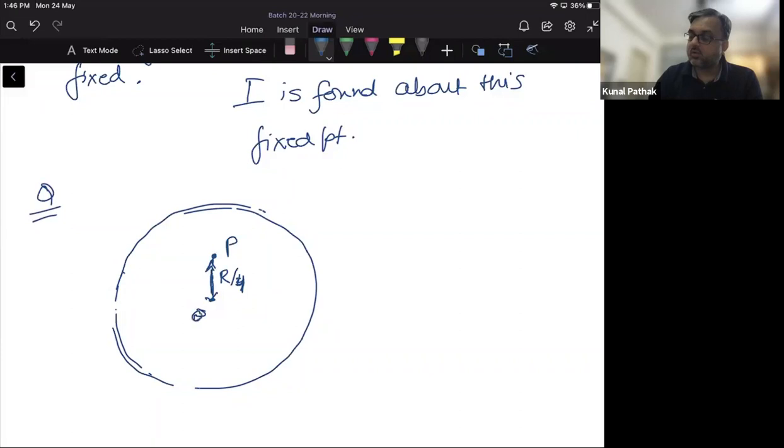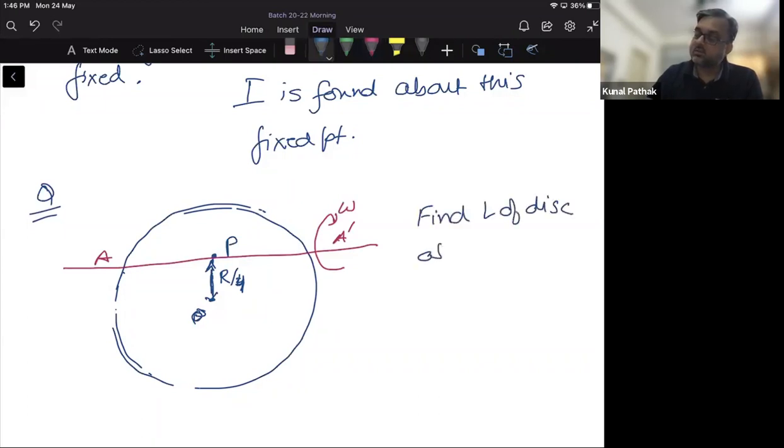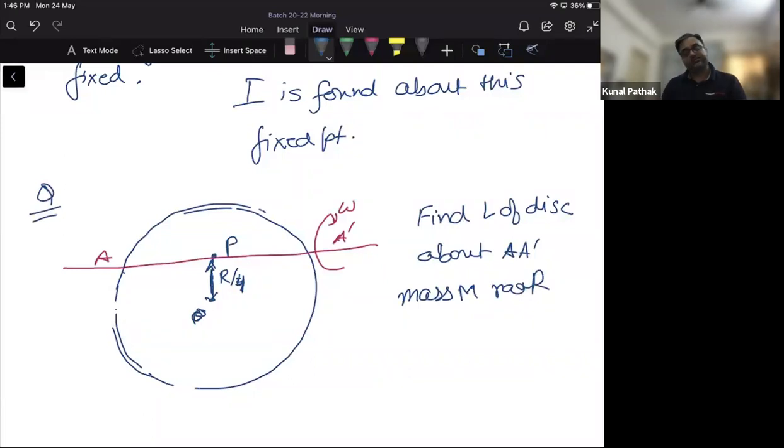So this is the axis of rotation. Find angular momentum of disk about A dash. Mass is m, radius is r, angular velocity is omega.